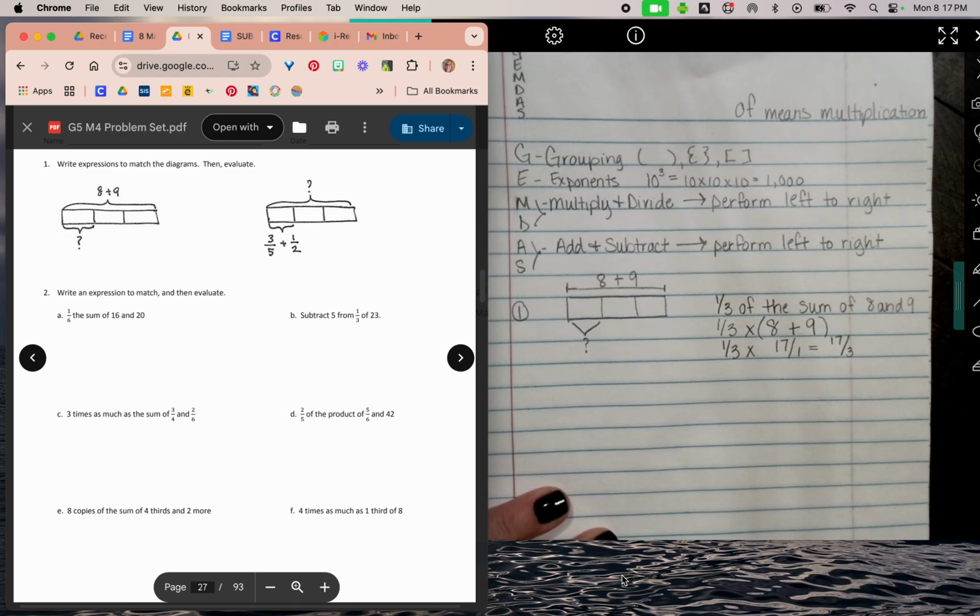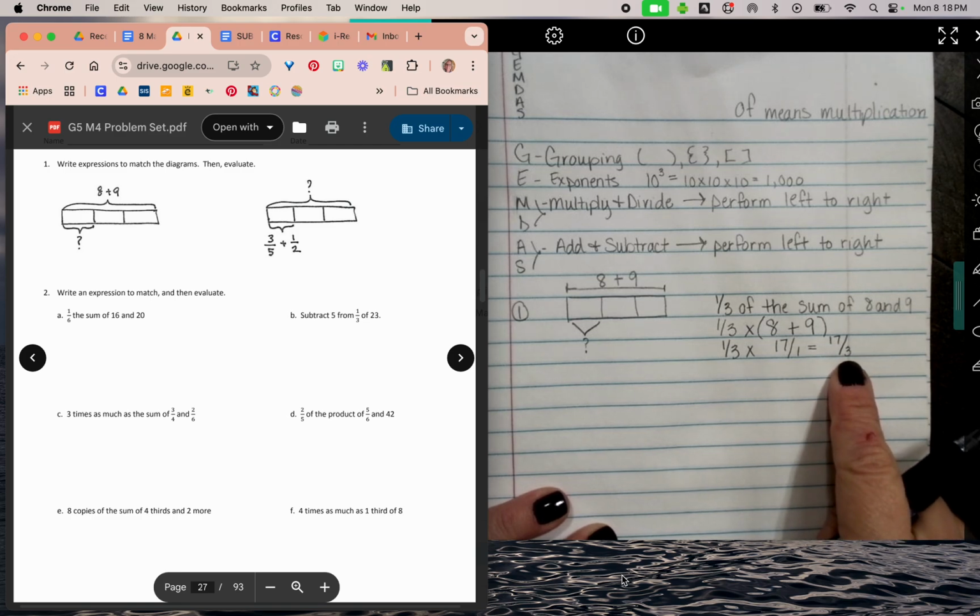17/3 is going to be an improper fraction when our numerator is larger than our denominator. So I'm going to want to take groupings of 3/3 out of that 17/3. How many groups of 3/3 can I get out of there? Well, when I think about 3 and I think of my multiples, 15 is the closest I can get to 17 without going over.